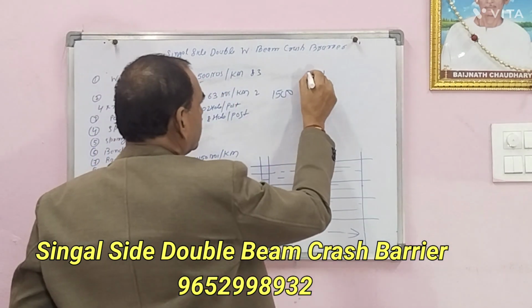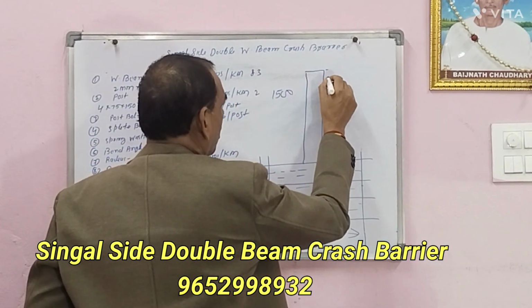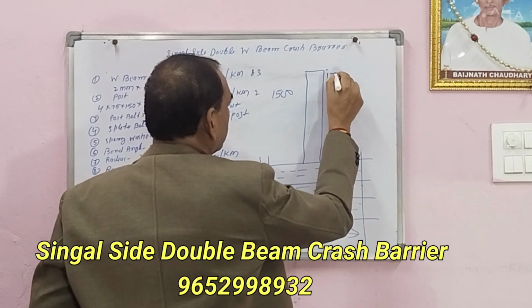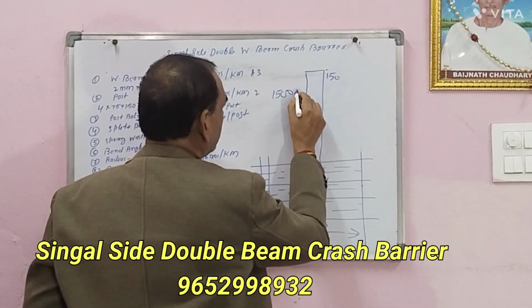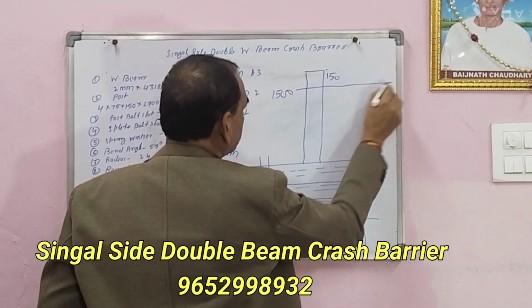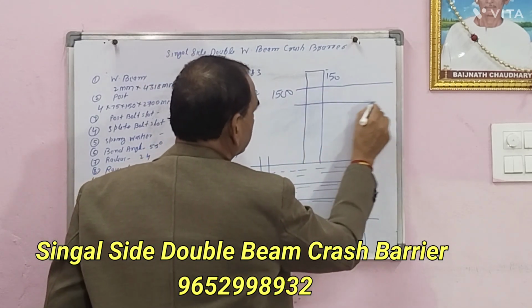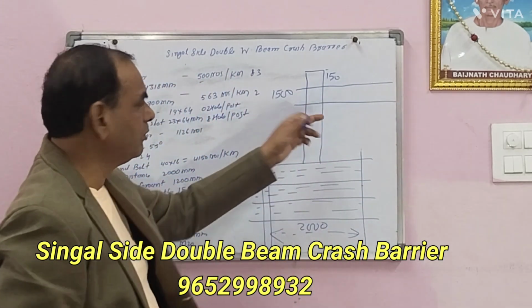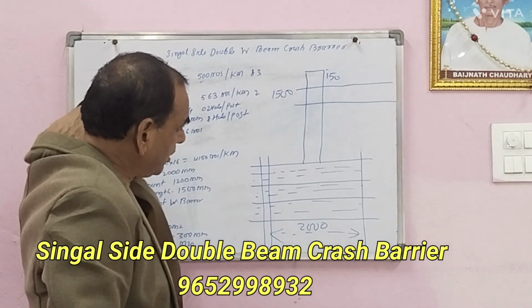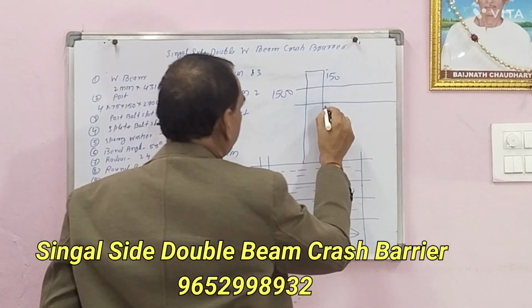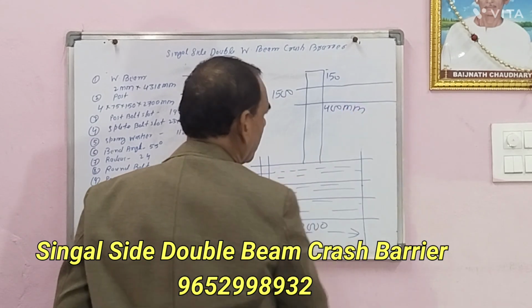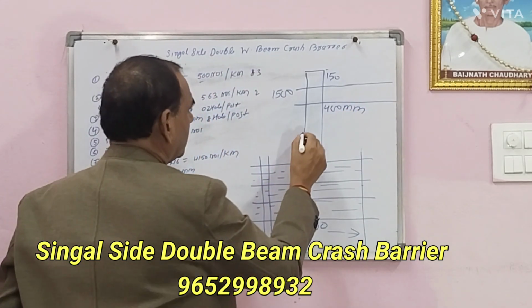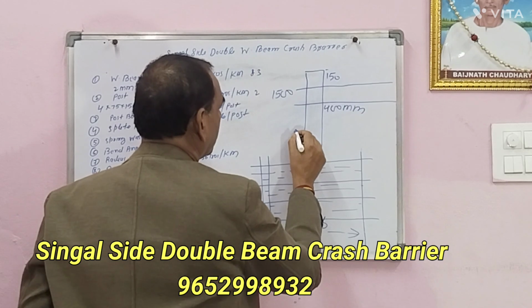So first from the top leave 150 mm. Then fix a W beam, 330 mm wide. Then again we maintain a gap of 400 mm. Okay. Then we come again with a W beam.